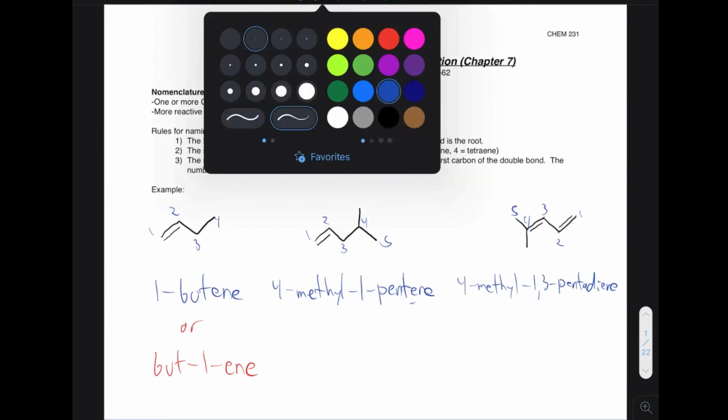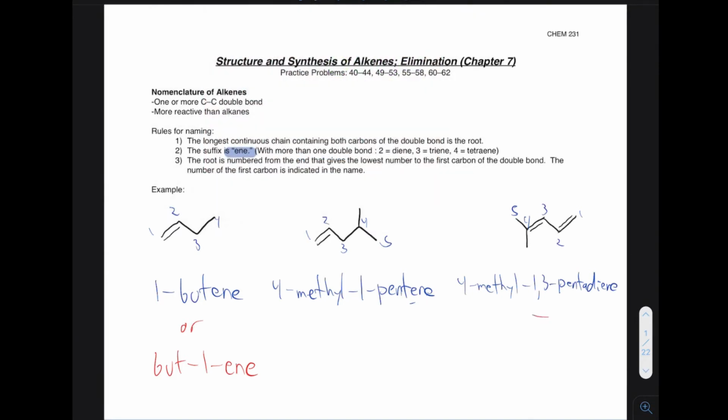We have not only 1,3, and that's indicative of the 1 being where the double bond starts, and the 3 being where the other double bond starts. You also notice that we have diene, meaning we can tell whoever's reading the name that there are 2 alkenes here.